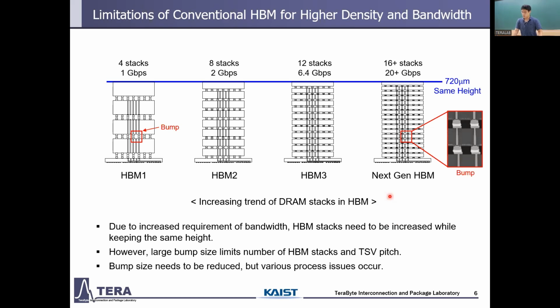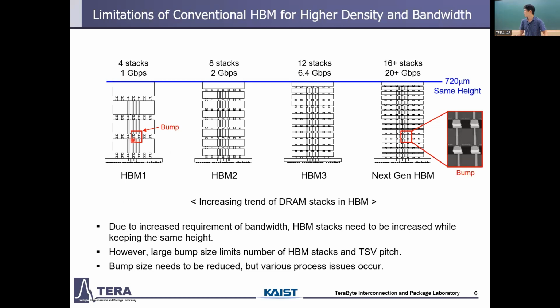However, these HBM modules are getting to a limitation because we have a height limitation in the package, which is 720 micrometers, but we need to increase the HBM stacks due to the higher required memory. And the major bottleneck of this part is the bump size, which is here.